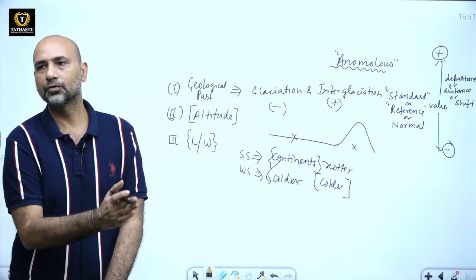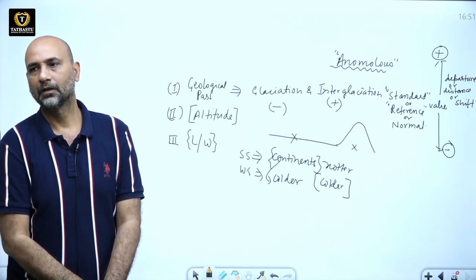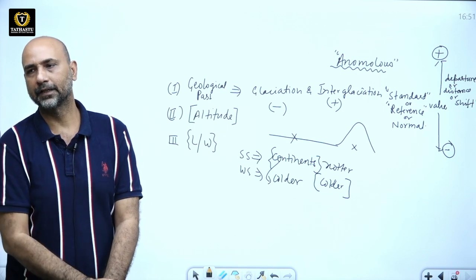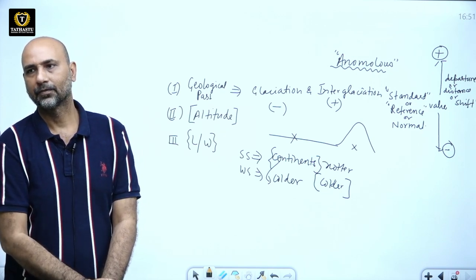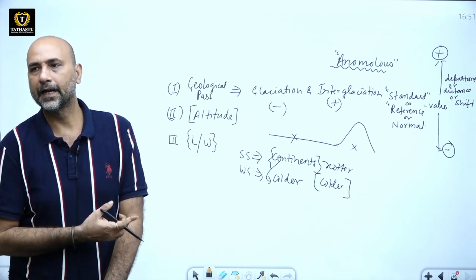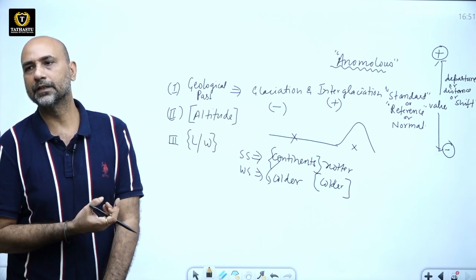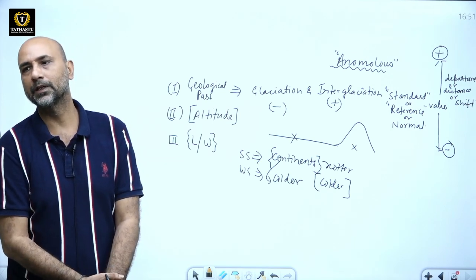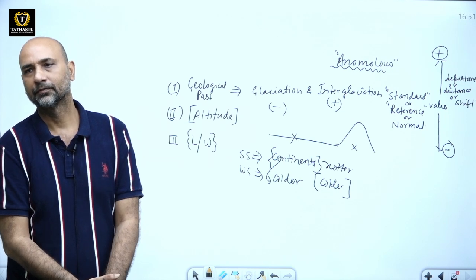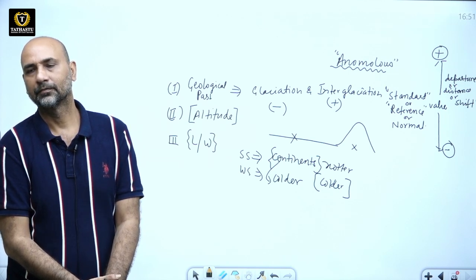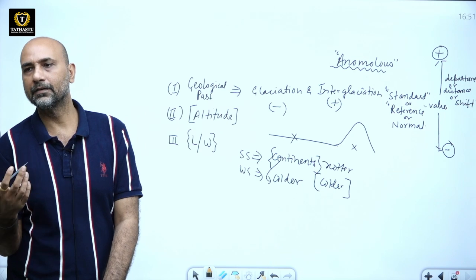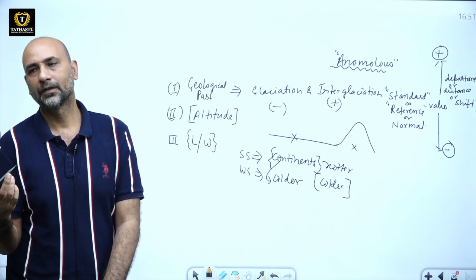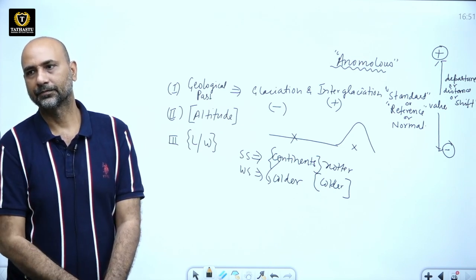One is close to oceanic surface. Another is deep inside continental surface. The place which is deep inside the continent during the winter season is going to be colder, and during the summer season is going to be hotter.